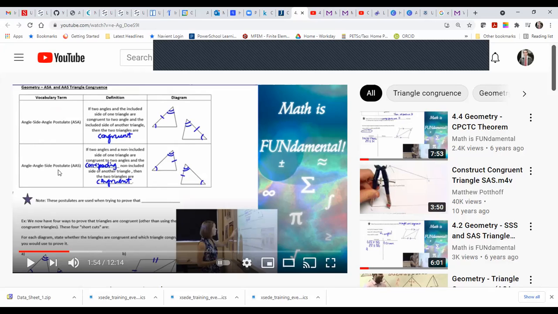So the angle, angle, side is if this angle is congruent with this angle, and then this angle congruent with this angle, and then this side congruent with this side. So the two triangles are congruent. So this is lesson 3.